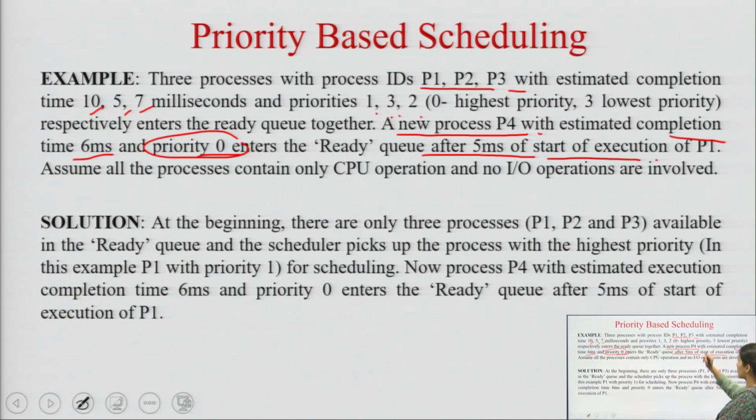Suppose all the 3 processes have entered the queue, and among these 3 processes P1, P2 and P3, P1 is given the highest priority because it has priority 1. So, it gets executed for 5 milliseconds and after that another task, that is P4, enters the queue with estimated completion time 6 milliseconds.